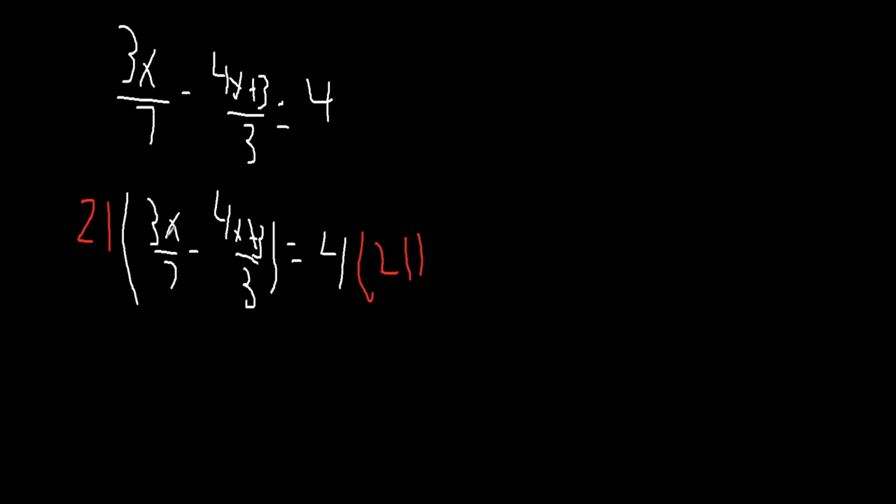So as you can see here in our brackets we have our two fractions and we have a number outside our brackets. So in this situation we have to use our distributive property and multiply the 21 by each fraction.